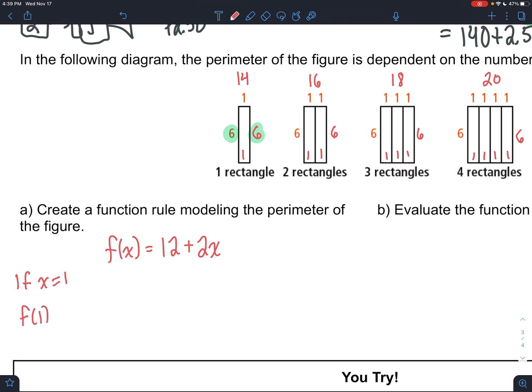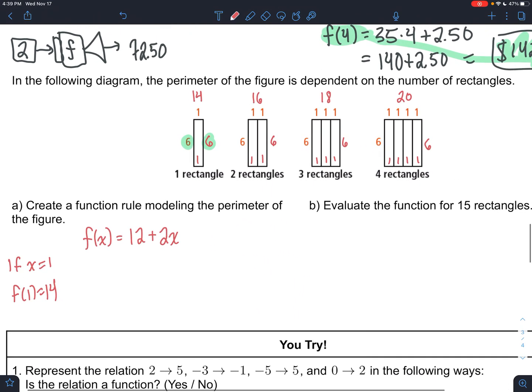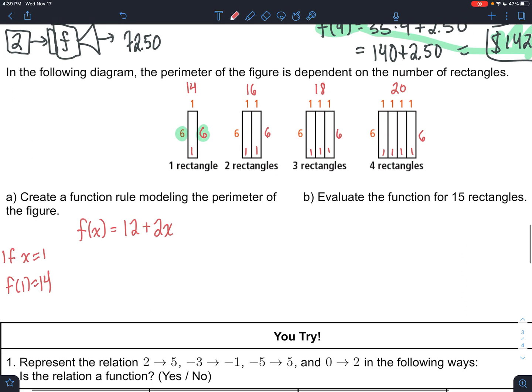Let me write that over here. So this is just giving me some confidence, right, that I wrote down the right function rule. If you plug in 1 to my thing, you get 14. And if you look at the picture, it's 14 as well. So there's a lot of ways you can come up with that too. But we definitely want a function rule, because I don't want to have to draw out 15 rectangles, that's for sure.